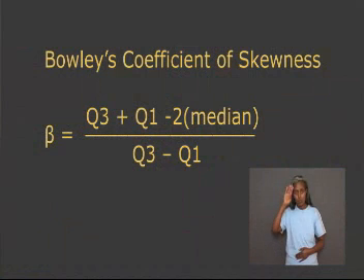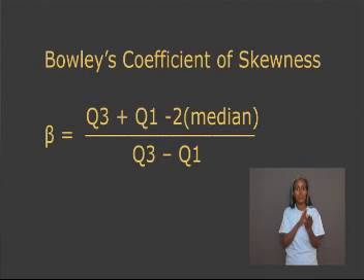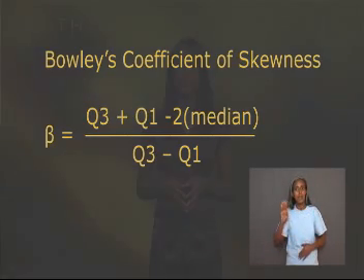Bowley's coefficient determines skewness by using quartiles, which are positional measures of central tendency. Bowley's coefficient is usually denoted by the beta symbol.